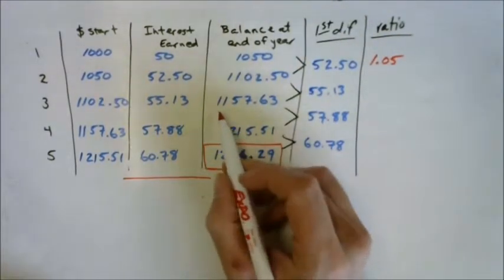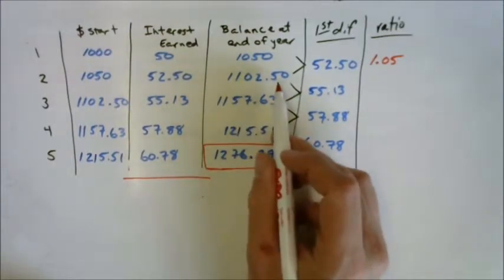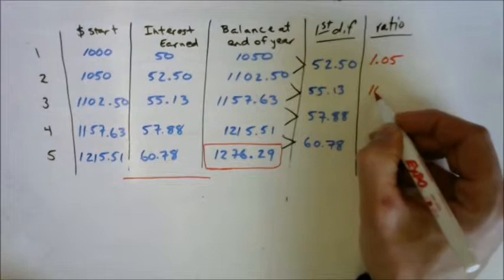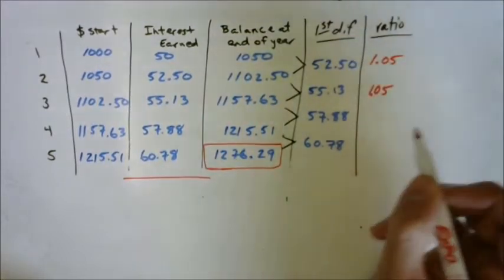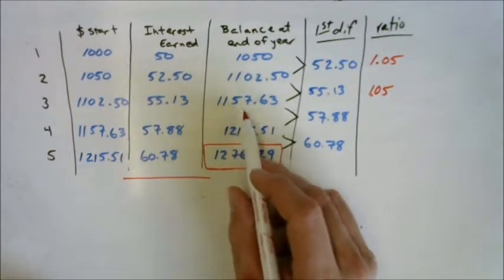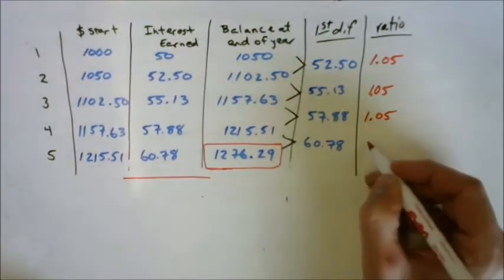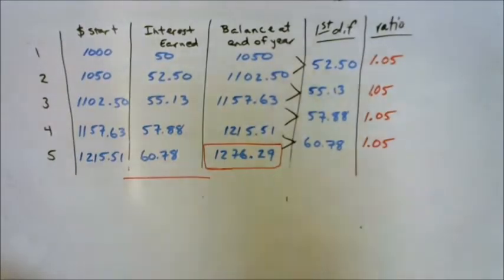And then we do the same thing here, 1157.63 divided by 1102.50. And we continue down the chart, 1215.51 divided by 1157.63. And the last one. And what do we see in the ratio column?